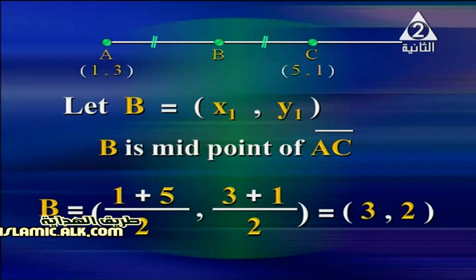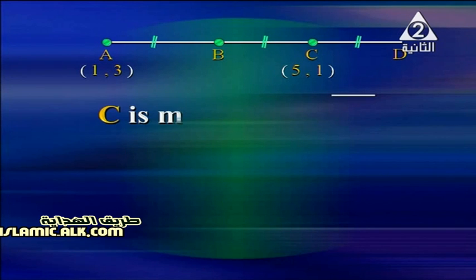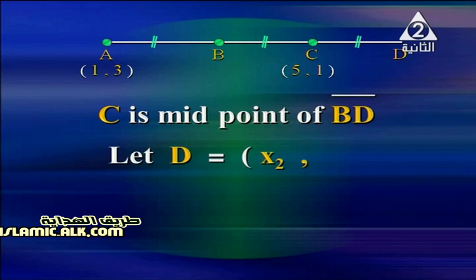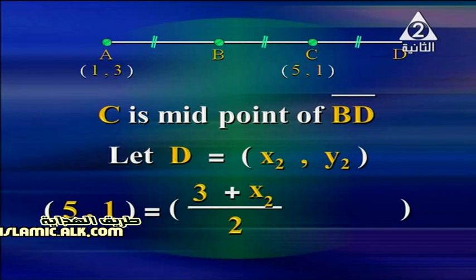Now, we knew that the coordinates of the point B will be (3, 2). The next step, you are going to notice that C will be the midpoint of BD. So, C is the midpoint of BD, and this will lead us to D will be (x2, y2). Then, what about the midpoint? It is (5, 1), which is equal to (3 + x2) over 2 and (2 + y2) over 2.